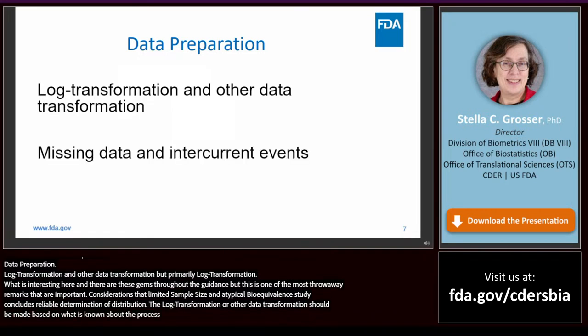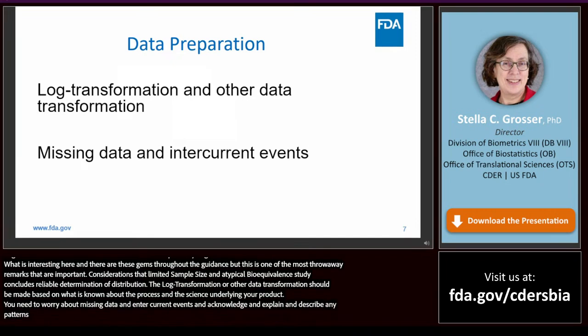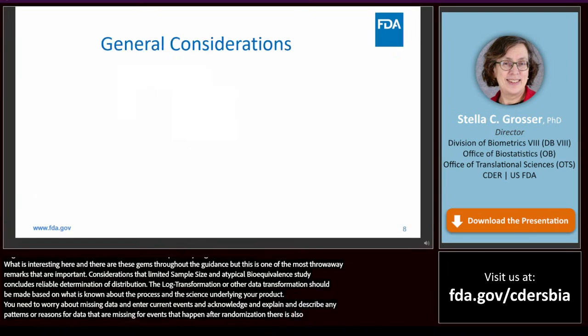You need to worry about missing data, intercurrent events, and acknowledge, explain, describe any patterns or reasons for data that are missing, for events that happen after randomization. And there's also the perpetual question of outliers. And that's discussed in this section as well.